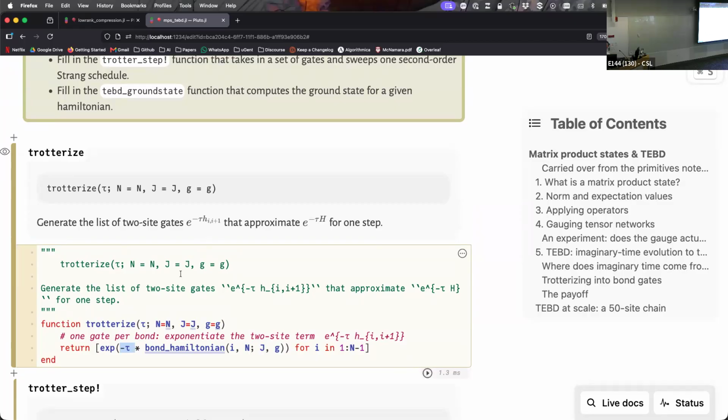Because it only acts on 2 qubits. This is a 4x4 matrix, so you can exponentiate it with your favorite matrix exponentiation algorithm. Because it's a 4x4, you can diagonalize or use whatever numerical tool you like. And we do this for n-1 bonds, because we have one less bond than we have number of sites.